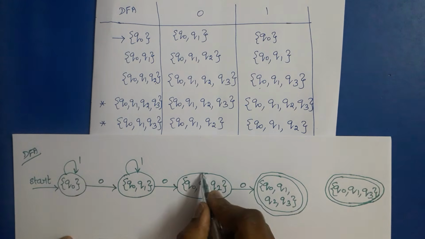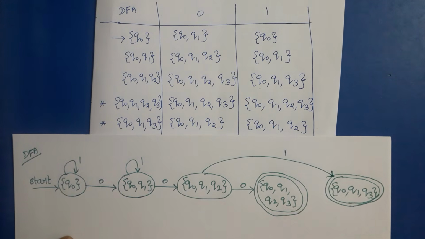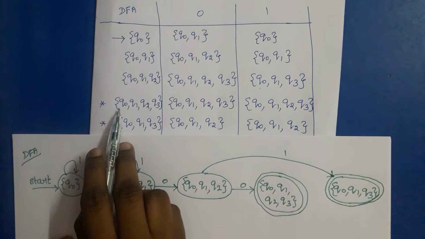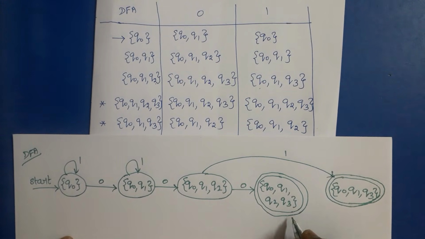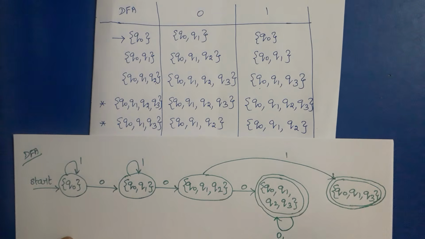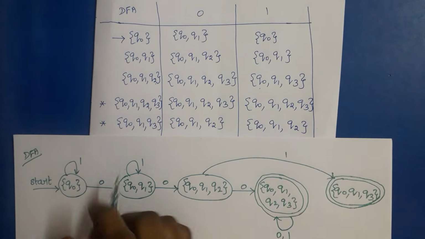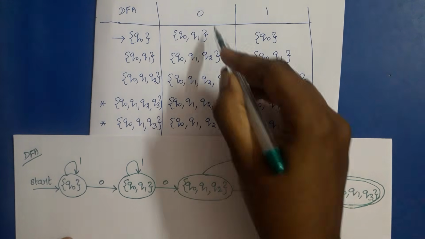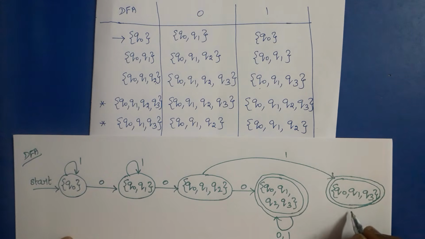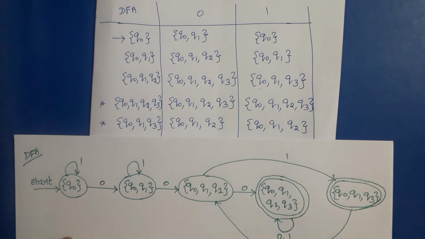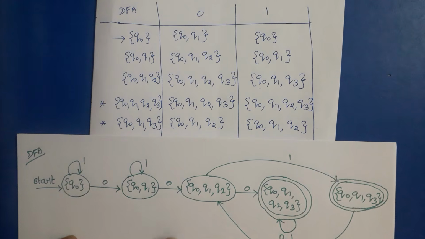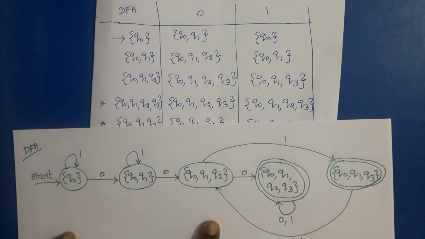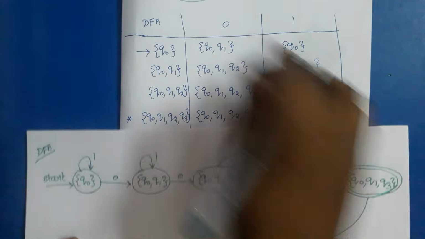From Q0, Q1, Q2, Q3, both 0 and 1 go to the same state, Q0, Q1, Q2, Q3. Then from Q0, Q1, Q3, 0 goes to Q0, Q1, Q2. 1 also goes to Q0, Q1, Q2. So this is the equivalent DFA diagram for this given NFA. Thank you.